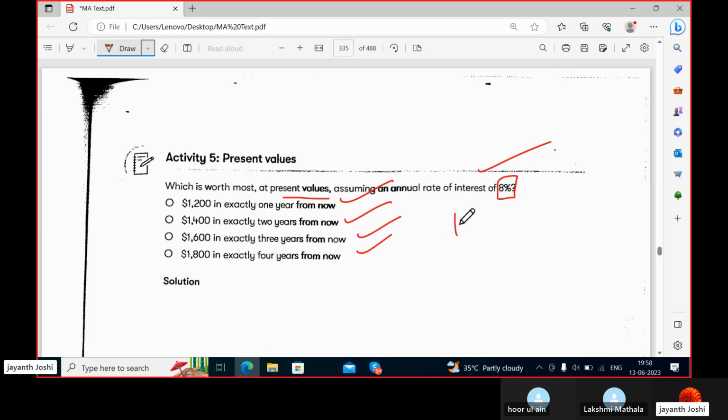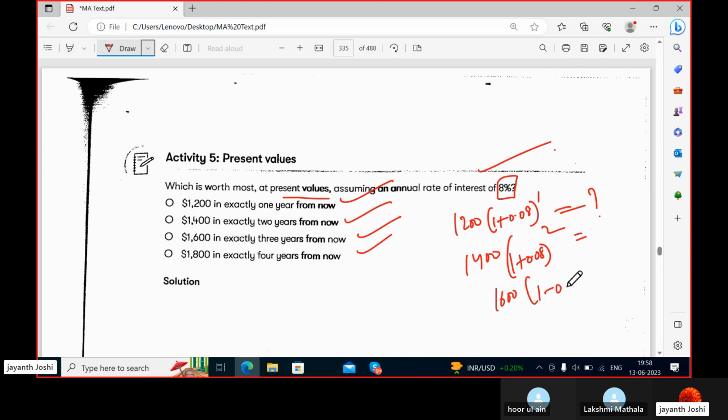What are they saying? 1200 into 1 plus 0.08 whole power 1. 1400 into 1 plus 0.08 whole square. 1600 into 1 plus 0.08 whole cube. You are going to find, not me, and tell me what is the highest value. Okay, come on, do this fast. I'm waiting.